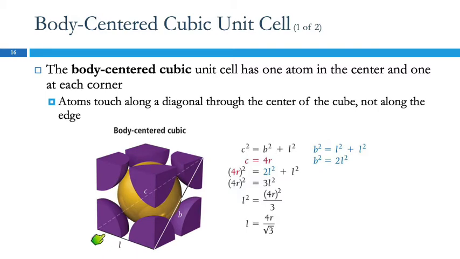So this edge length here is equal to 4 times the radius divided by the square root of 3. It's more complicated because we can't just look at 2R because there's a gap here. Where they're touching is actually from corner to the opposite corner, and so you get into the Pythagorean theorem there.